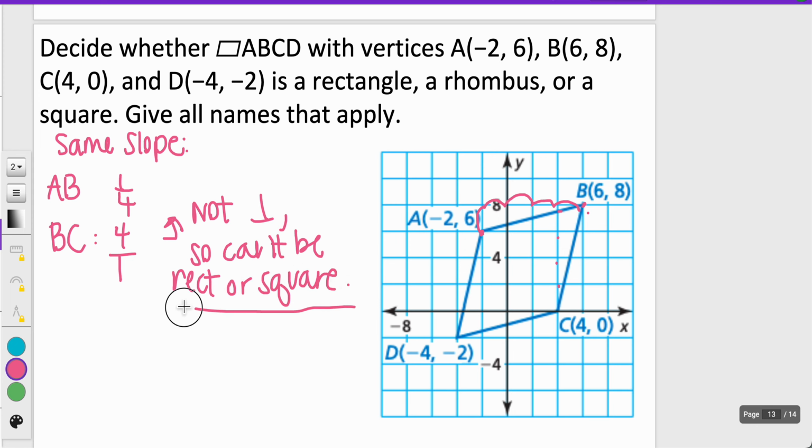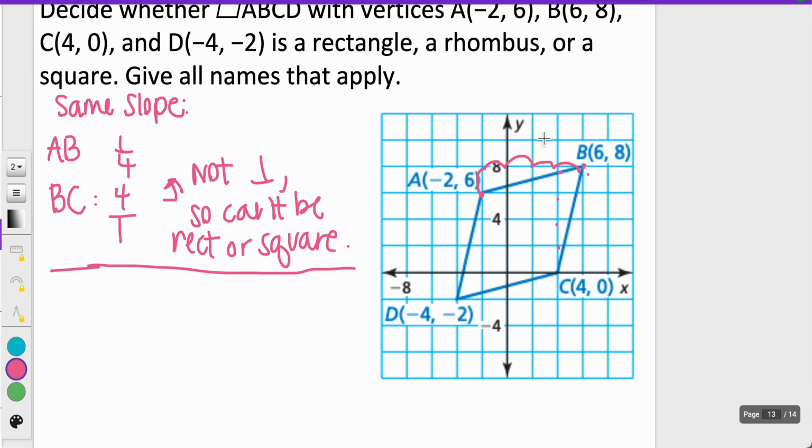But in order to prove it could be a rhombus, I just got to make sure all of the sides have the same distance. So I'm going to use distance formula here. If you want to use Pythagorean theorem, you could as well. I just found distance formula was a little bit easier for me. Okay? So, distance for AB.